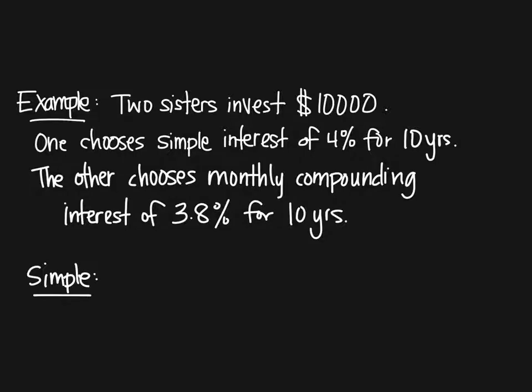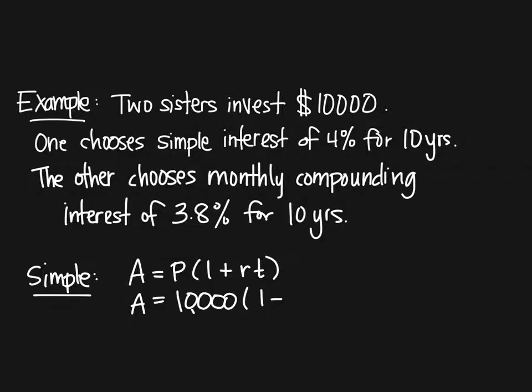So for simple, we use the formula A equals P(1 plus RT). Our P is what we started with. That's $10,000. 1 plus our R value is 4%. So what is that in decimal? 0.04 times the number of years.